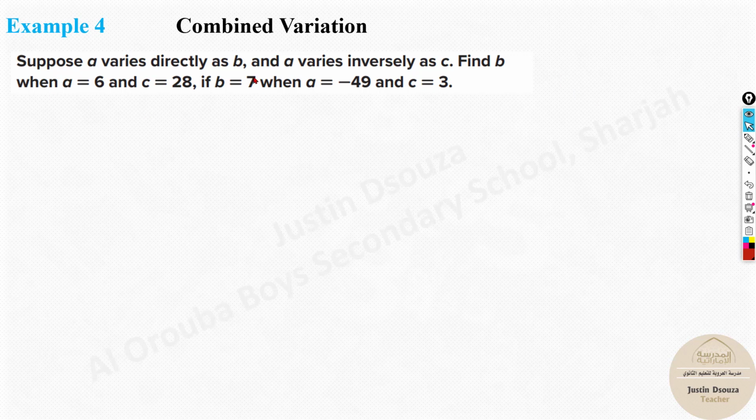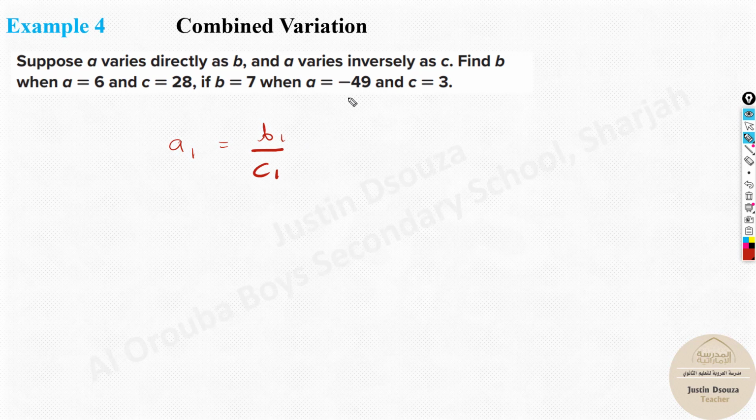Here, suppose A varies directly as B and A varies inversely as C. Okay, A varies directly with B, so B will be up, but C will be down. We need to find the following. So let's write the relation. If I have A1, that will be directly varying with B1, and this is divided by C1.